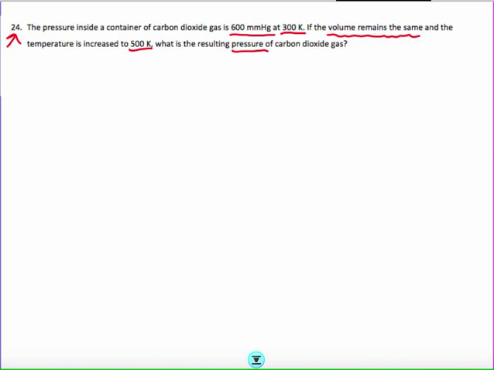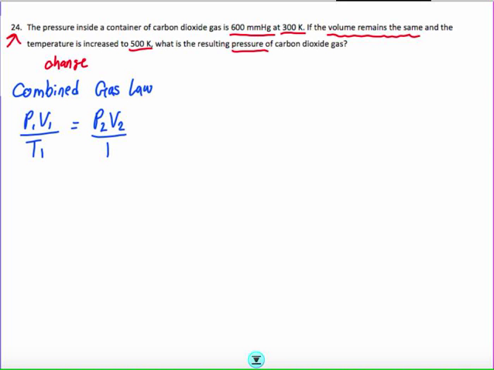Okay? Because there is a change happening, we know it's going to be a combined gas law problem. The combined gas law is P1 V1 over T1 equals P2 V2 over T2. And that equation is given on your reference sheet.